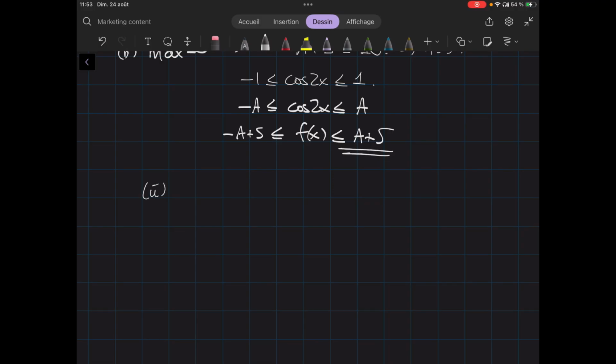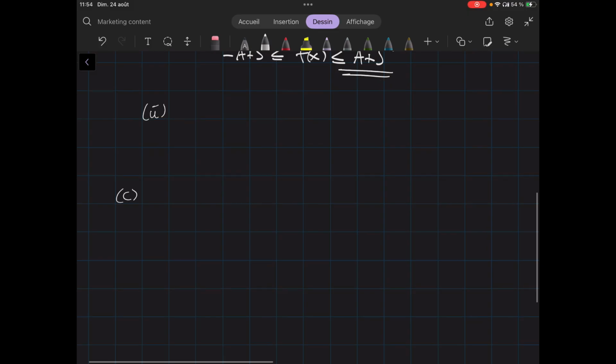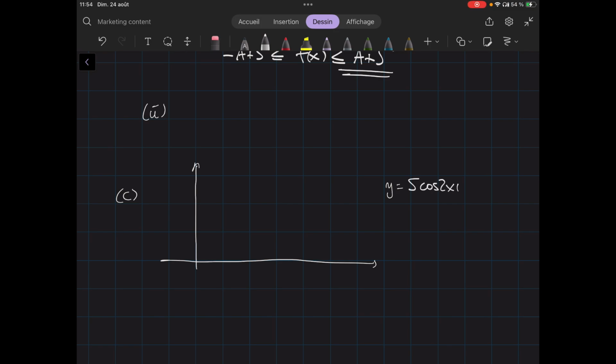We now wish to find the values of x for which the minimum is attained. I'm actually going to combine this with part C. You want to sketch the curve y equals 5 cos of 2x plus 5. So starting off, we start at x equal to 0.